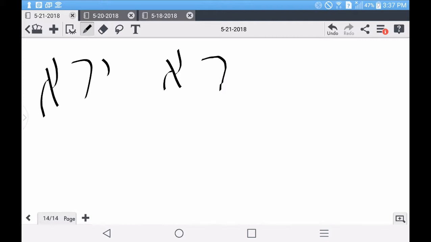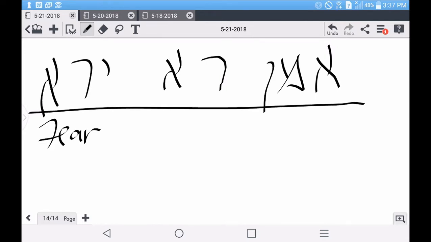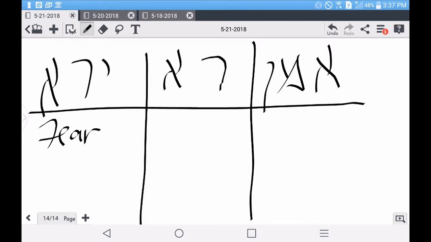And we have also looked at Amen, the Hebrew word for faith. And we learned that this is fear, of course. And it literally means to do head strength.